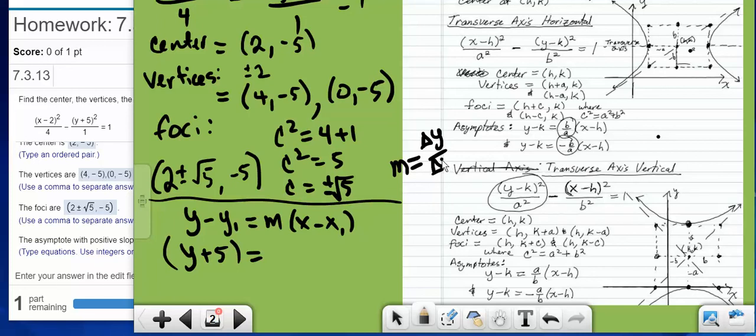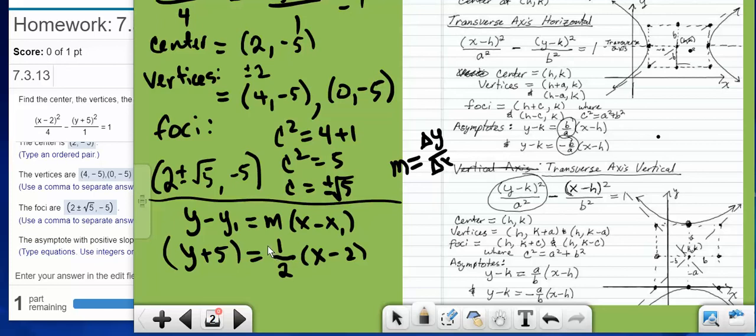Now m, remember from what we learned about lines, slope is change of y over change of x. So we look at under the y is 1, square root of that's 1, so that'd be 1 over, and under the x, square root of 4 is 2, so that's your change of x. X minus 2, so x minus x1. And you don't have to, you can just leave it that way.